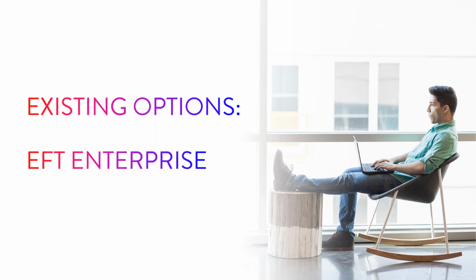Where EFT Express is a little bit more basic in terms of its use cases, but also comes at a lower price point. So we like to give our customers options that are tailored really to their use cases and business needs. So first, we are going to talk a little bit about EFT Enterprise and some of the capabilities that exist there.